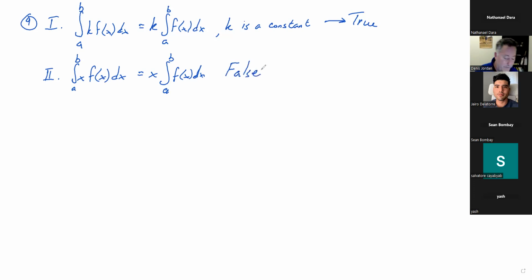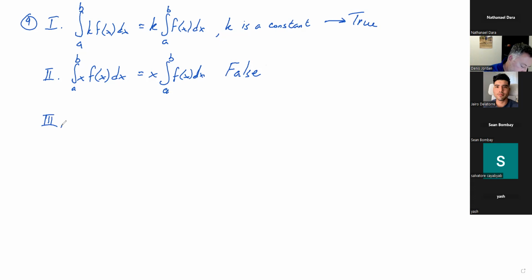You can't do that with a variable. People do it because it would be really nice if you could, but you can't. So you can only pull out a constant, like a number. You can't pull out a letter, a variable. Okay, so the second one's out.